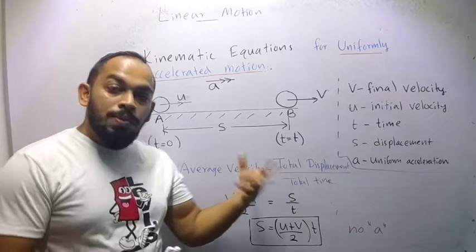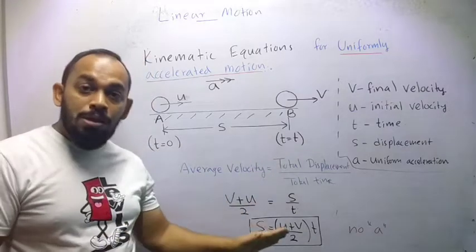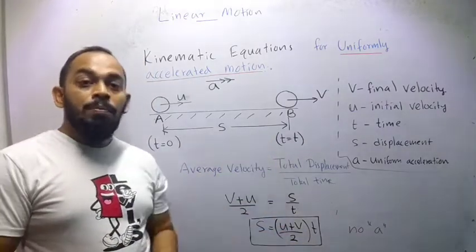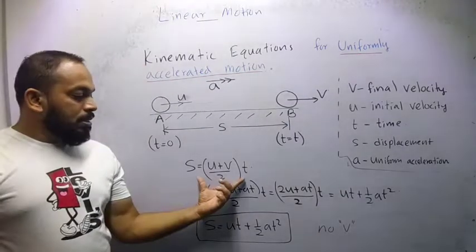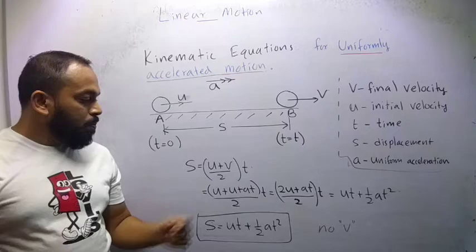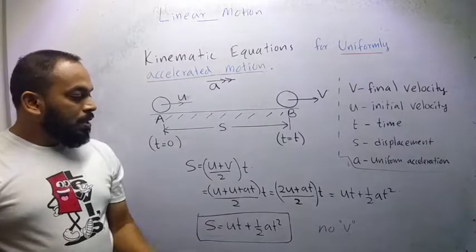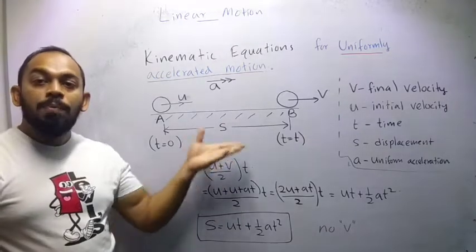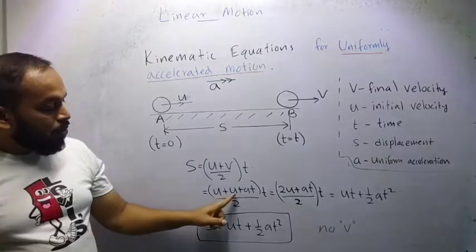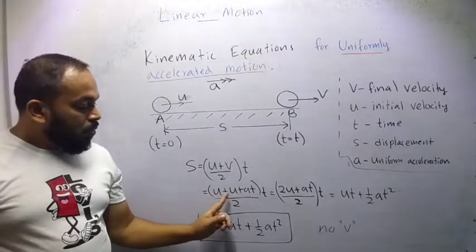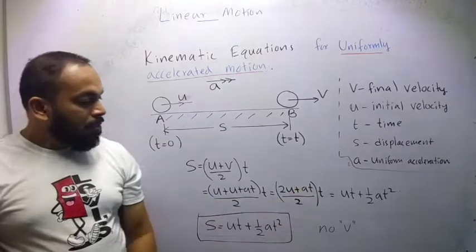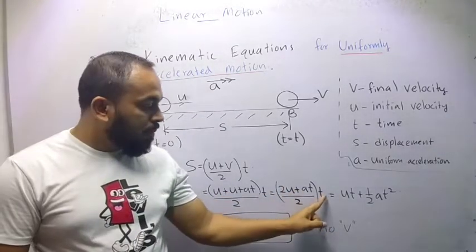Right. So next we're going to build up two more equations based on this equation and the previous equation. This is the second equation we obtained, s equal u plus v by 2 times t. So we can replace v from the first equation. Instead of v, we write u plus at. Then u plus u is 2u plus at, divided by 2, multiplied by t.